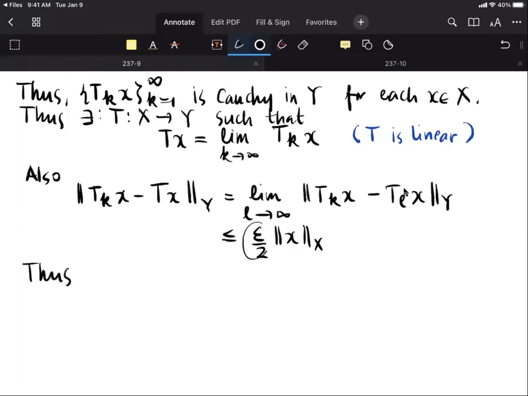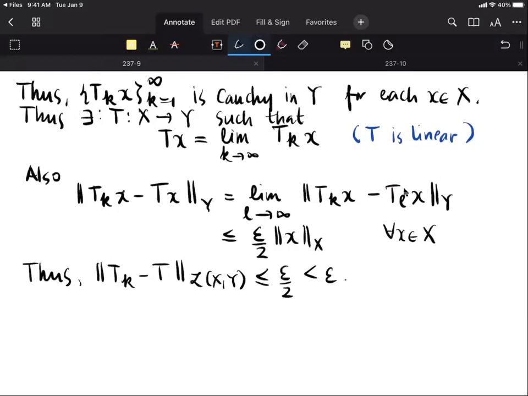This implies that this is a bound for the difference. So the norm of T k minus T is less than or equal to epsilon over 2, and this is now less than epsilon. Take note that this is true for any k greater than or equal to n.